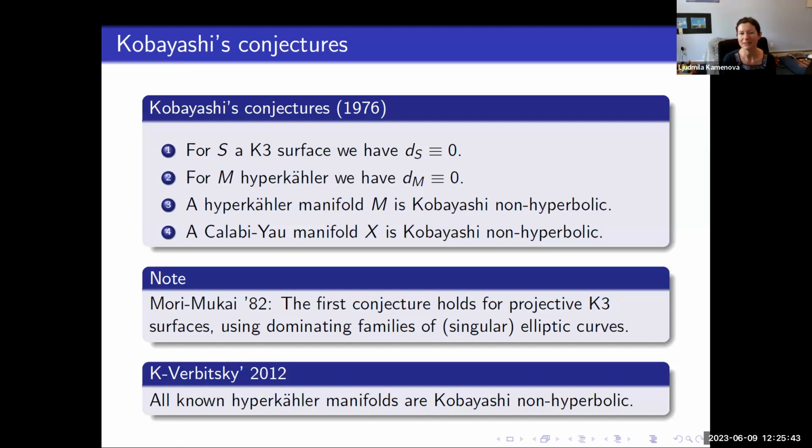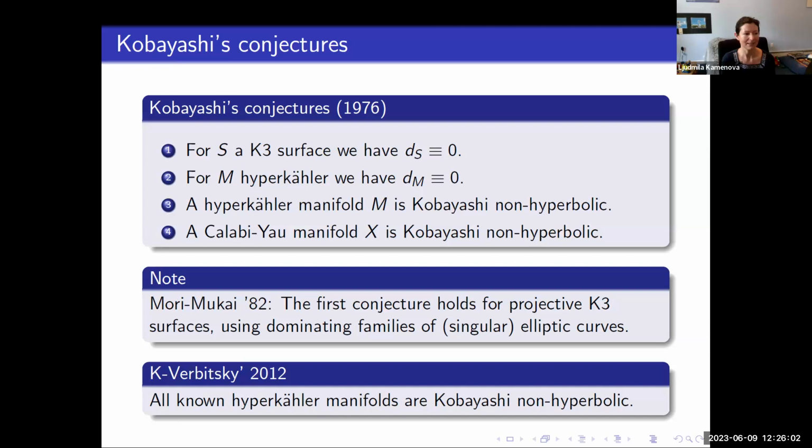So if you have a family of complex manifolds which converges to some other complex manifold, and each one of the members of this sequence is non-hyperbolic, then the limit is also non-hyperbolic.